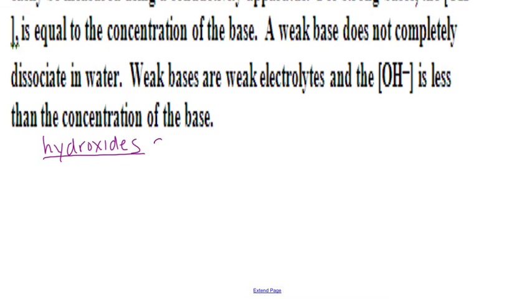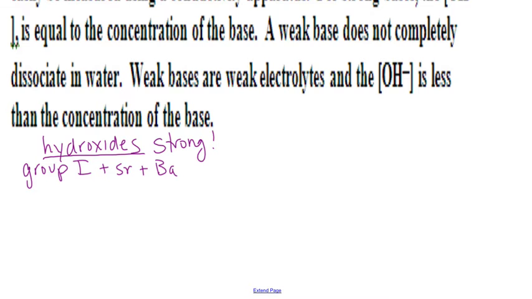So what hydroxides are 100% soluble, meaning strong? Group 1 and strontium and barium. These are our strong hydroxides. Any other hydroxide, any transition metal hydroxide, anything else, even like beryllium hydroxide, those are all going to be weak. Okay?